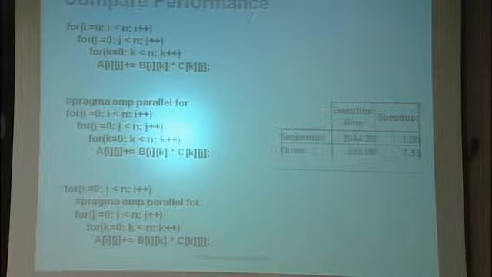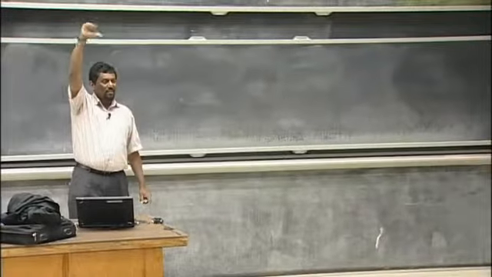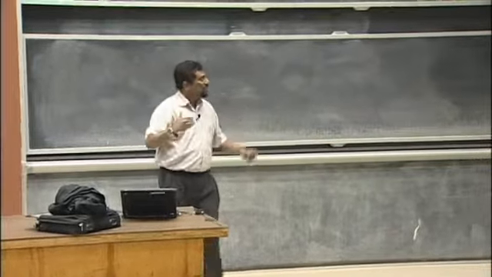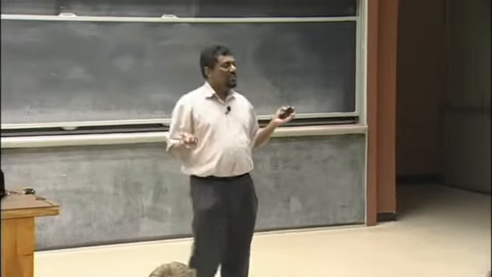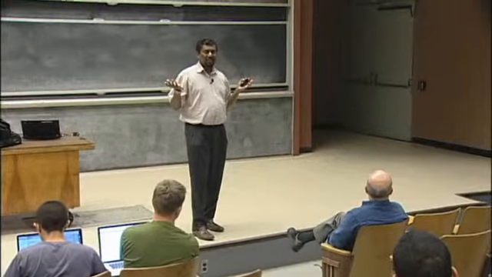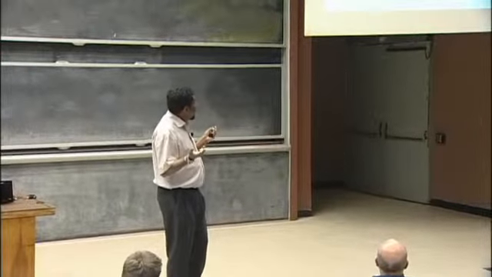How many people think this runs faster compared to this one? How many people think it runs slower? Okay, there's some consistent answer here. Why do you think it will run slower? So okay, it runs slower, and we'll prove that.